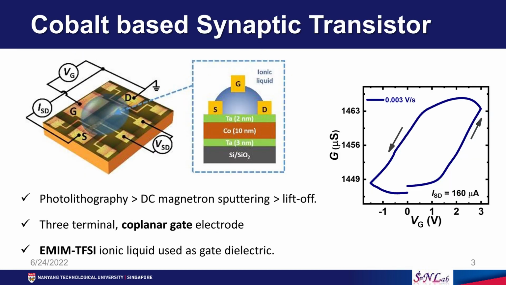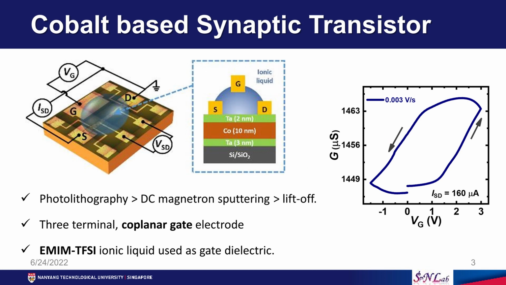In this new study, we have designed and fabricated an electrolyte gated synaptic transistor based on cobalt thin film. In slide 29, you can see the electrolyte gated cobalt-based synaptic device. The important point is that we have used a metallic channel, that is cobalt thin film, as a channel for the first time.